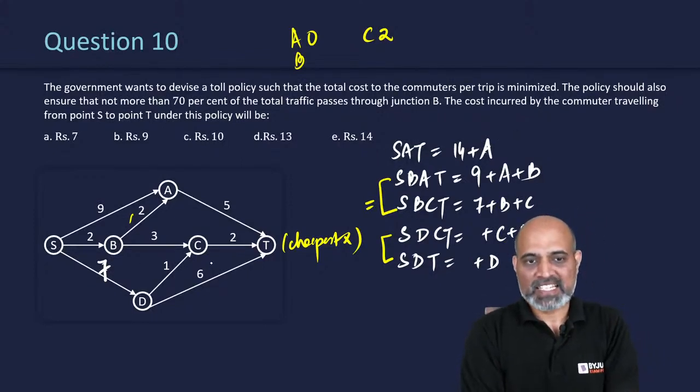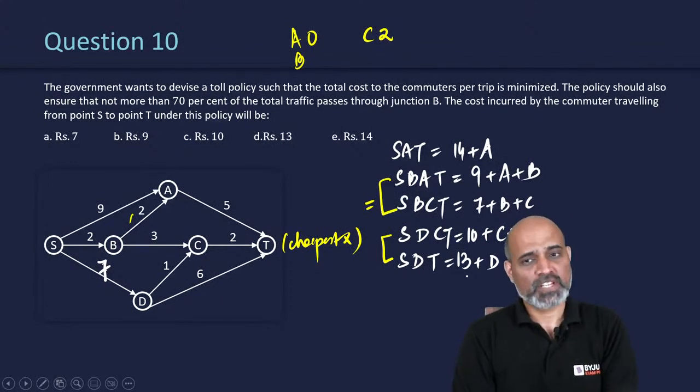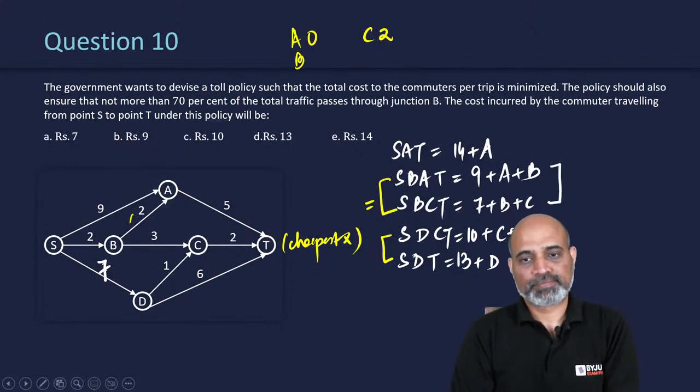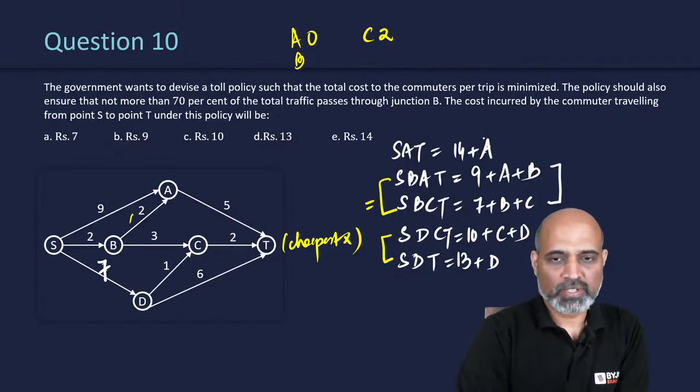So SDCT is going to be 10 plus C plus D, and SDT is going to be 13 plus D. ठीक है? So we need this to be minimum. For this to be minimum, see A is going to be 0 for sure. ठीक है?